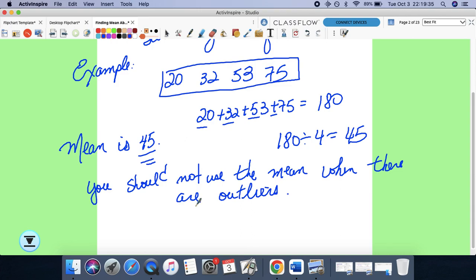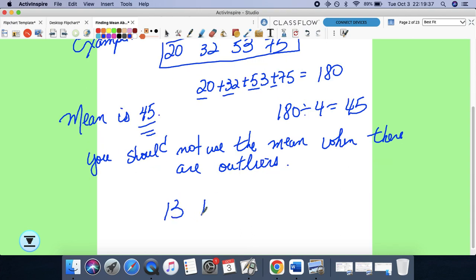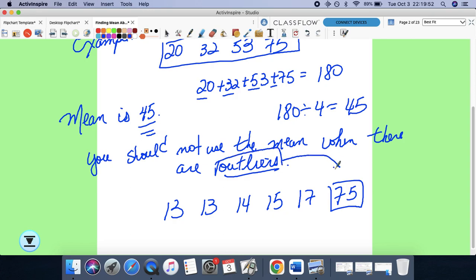Let me give you a better example. So let's say there's a 13, there's a 14, there's a 15, there's a 17, and then there's a 75. This guy here, okay, is an outlier. Right? Can you see that he's very, very far away from the other numbers? So he's an outlier. So when you have a situation like this, don't use the mean.